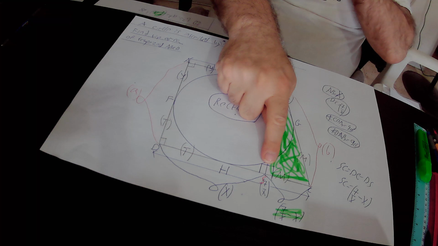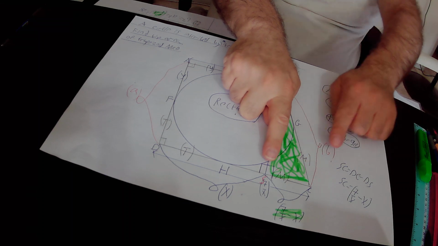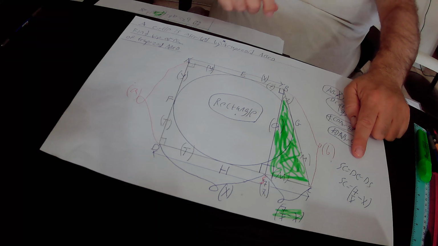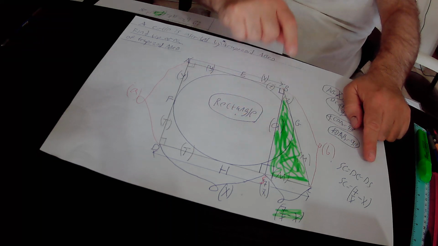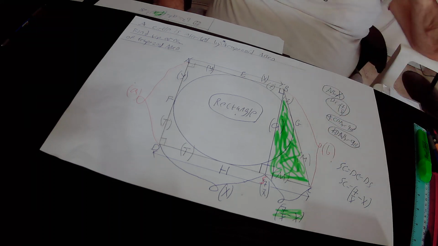From the drawing, it is very easy to see that SC equals DC minus DS. So SC equals DC, that is 7 over x, minus DS, that is x. So in total, SC equals 7 over x minus x.